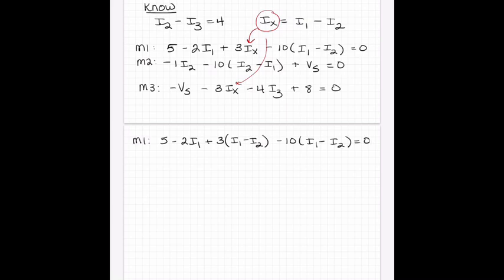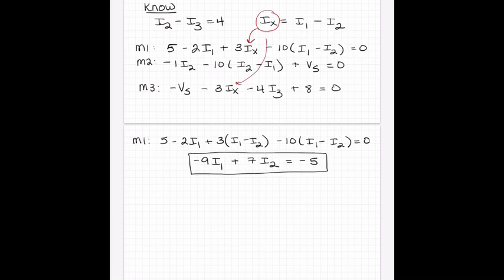So let's keep simplifying this. So I'm going to have minus 9 I1 plus 7 I2 is equal to minus 5. So there's our mesh 1 equation simplified.